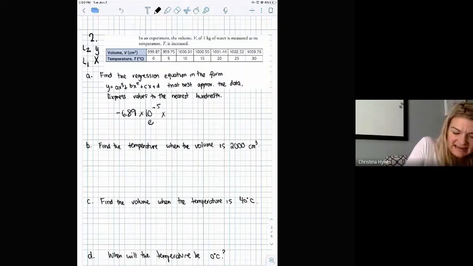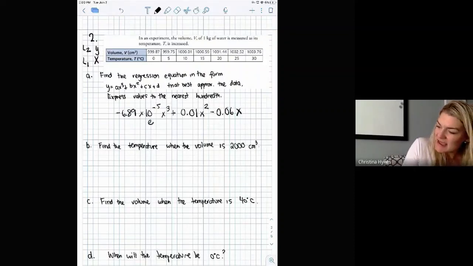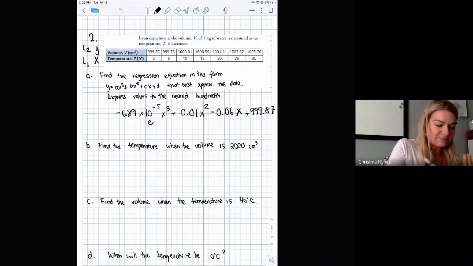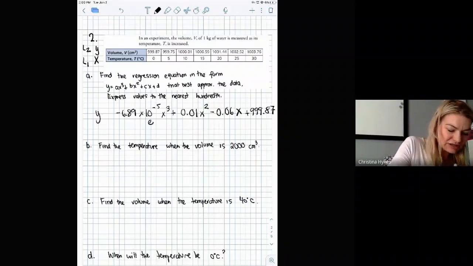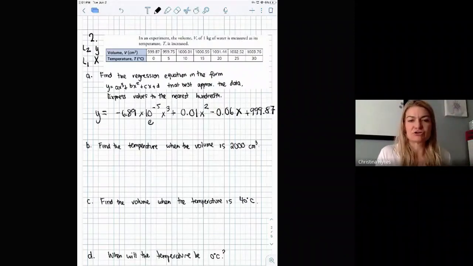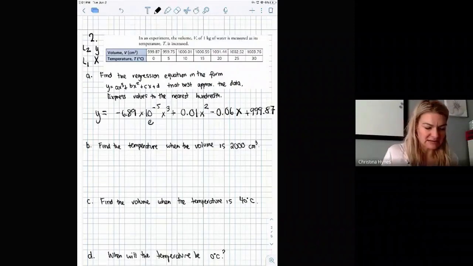Then you're going to write x cubed plus 0.01 when I round to the nearest hundredth, x squared minus 0.06x, and then plus 999.87. So this is my cubic regression. So that's what they want for the first question, is make sure you round to the nearest hundredth, which means 2 decimal places for mine.